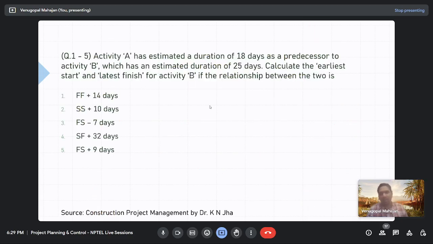Okay, so solving some basic relationships. Activity A has an estimated duration of 18 days as the predecessor to activity B, which has an estimated duration of 25 days. Calculate the earliest start and latest finish for activity B, and some relationships are given to you.